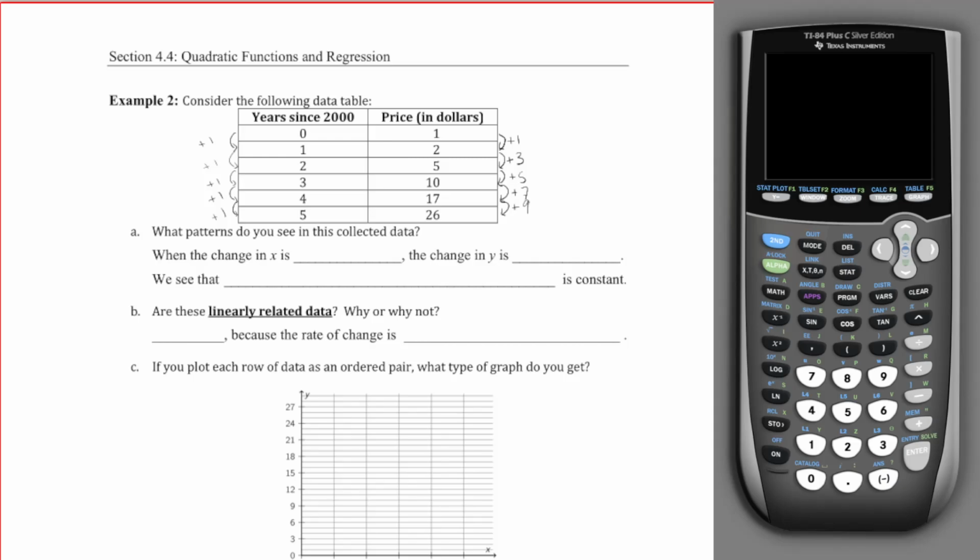So what's going on? Every time we go down a row, the change in the output is increasing by 2. So the change in x is constant, but the change in y is increasing.